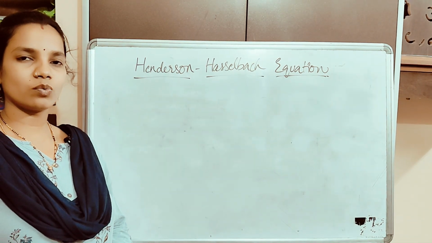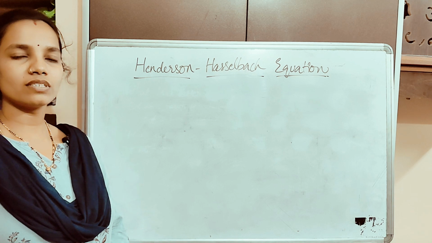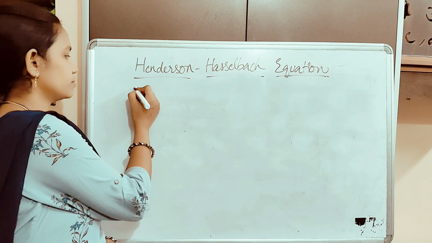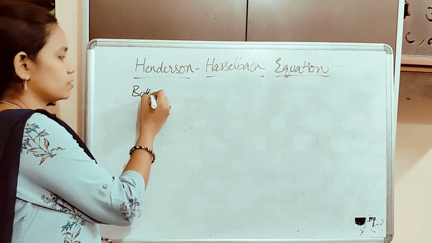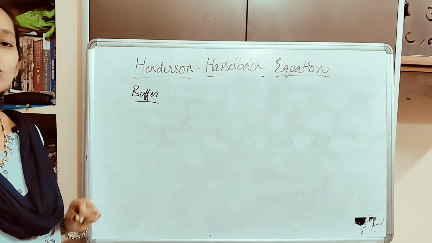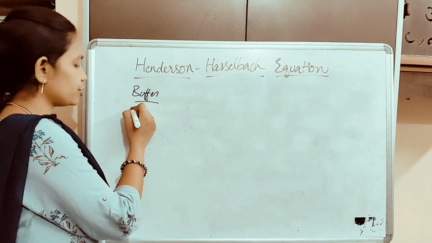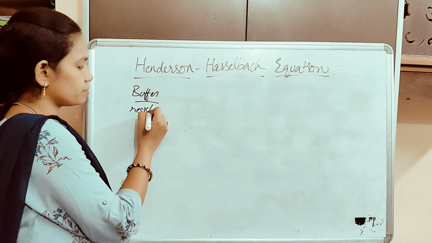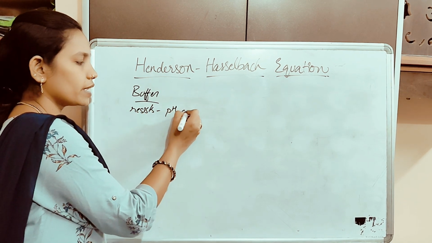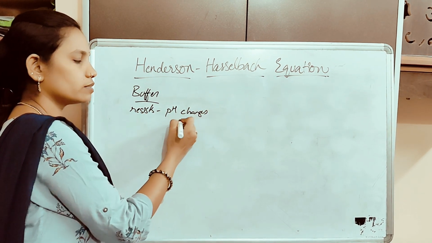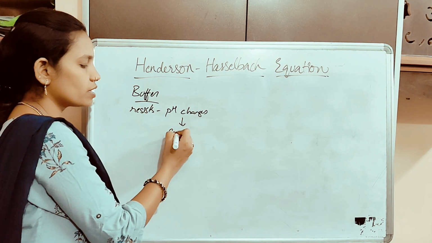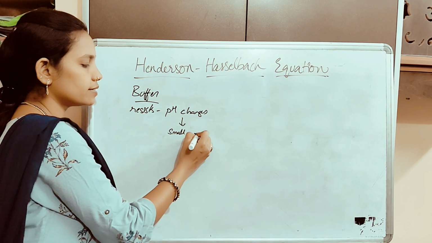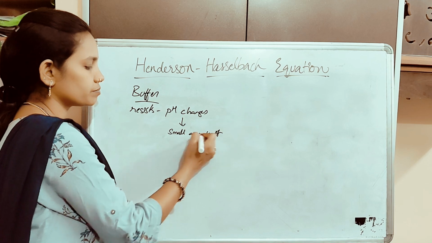Before we understand the equation, let's recall what is actually a buffer. What is a buffer? Buffer is a solution which resists pH changes when small amounts of acids or bases are added.